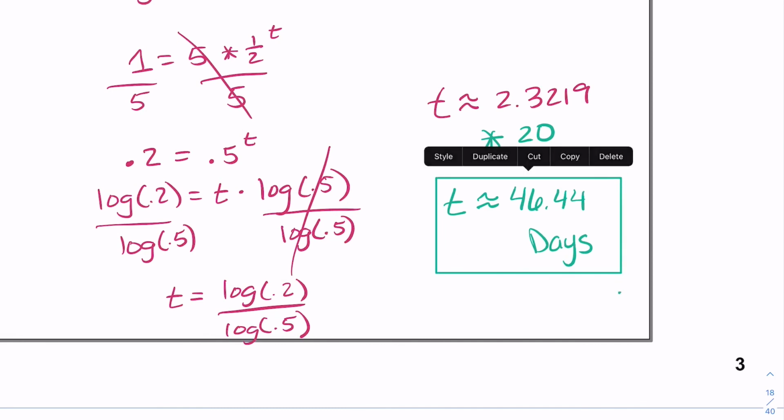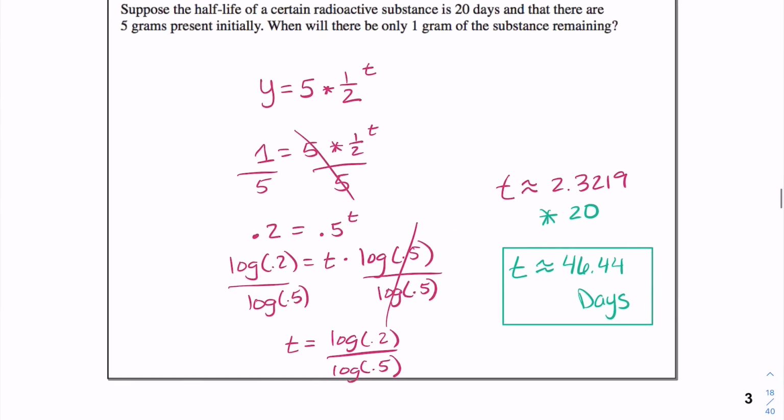There we go. So think about it, if I take 46.4 and divide it by 20, I'll get 2.3219. So 1/2 to the 2.3219 will give me about 0.2, and 0.2 times 5 is 1. And so that's when there'll be 1 gram remaining.